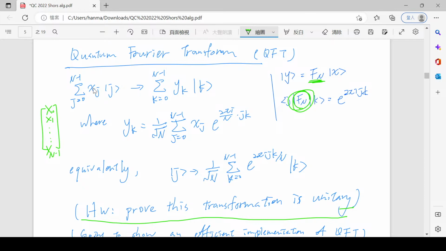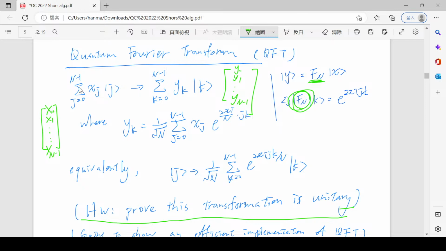And you have amplitudes being those xj. Then this input vector, you apply your quantum Fourier transform, then you will become this output vector, which is y0, y1 to y_{n-1}.